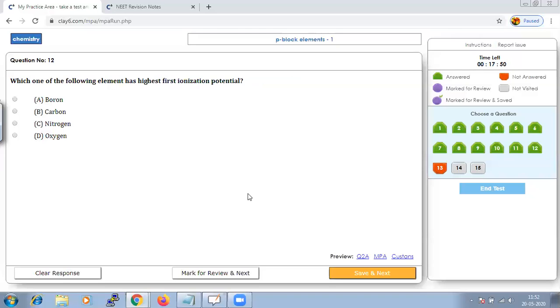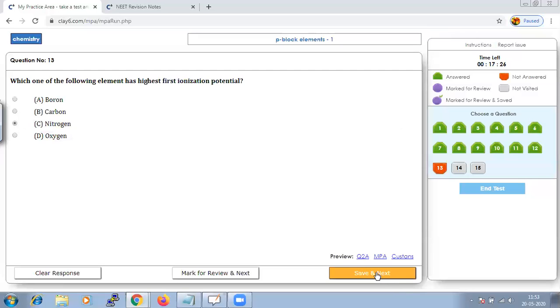Which of the following elements has the highest first ionization potential? They are talking about first ionization potential, so immediately it should strike that nitrogen among the given options. Nitrogen is the element which has a half-filled electronic configuration. Hence, of course, that should give us the highest first ionization potential.